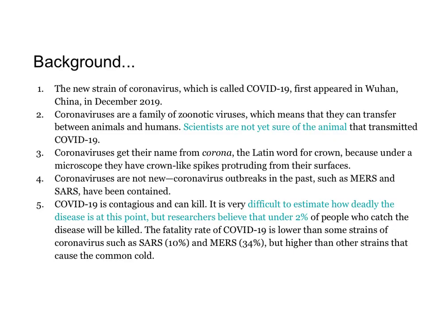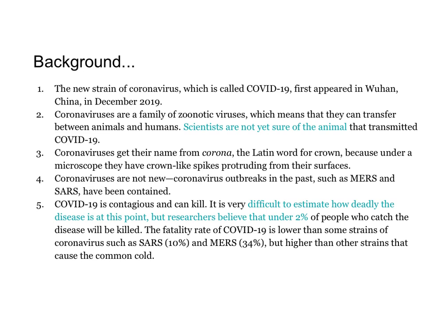A little bit of background for the coronavirus. This is a new strain of coronavirus, which is called COVID-19, and it first appeared in Wuhan, China in December of 2019. Coronaviruses are a family of viruses. They're called zoonotic viruses, which means they transfer from animals to humans. We are not yet 100% sure which animal caused this current coronavirus.